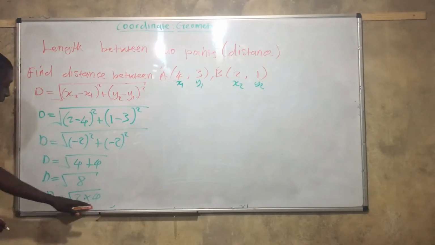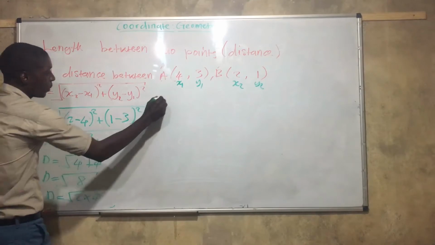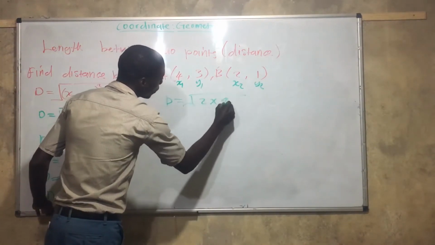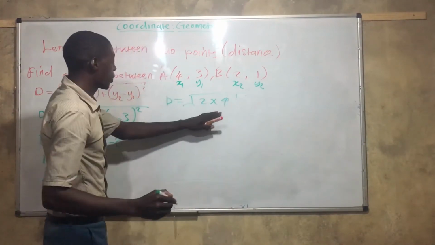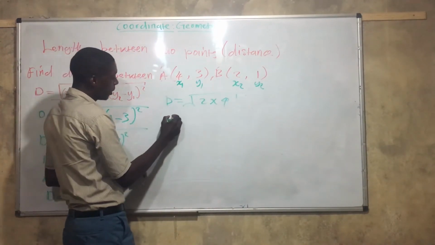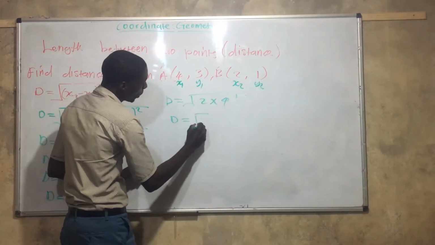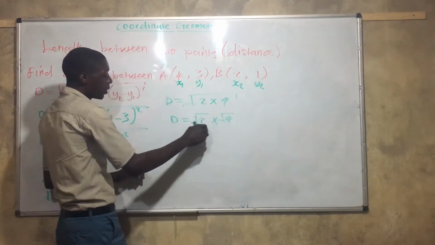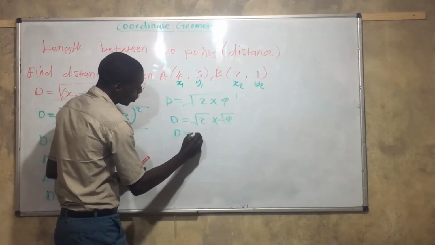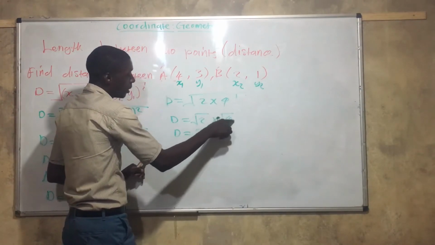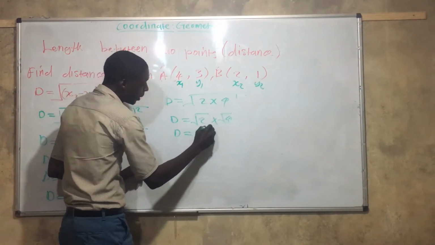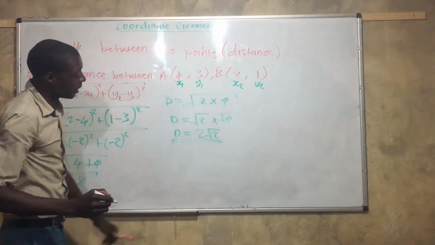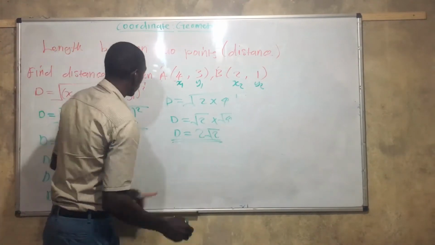One of the numbers has a square root, so d is equal to the square root of 2 multiplied by the square root of 4. I know the square root of 4 is 2, so d is equal to 2 times the square root of 2. So I've left the answer in surd form. So this is the distance.